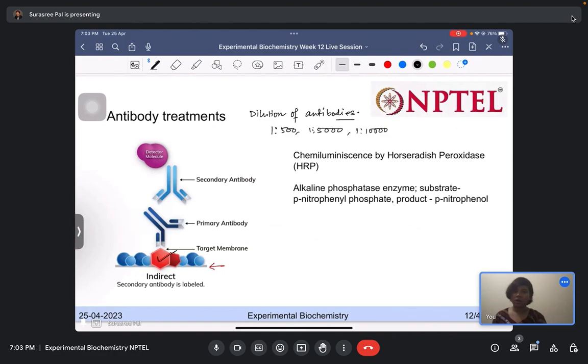It can be varied, and it can also depend on whether the antibody is monoclonal or polyclonal, and so on.